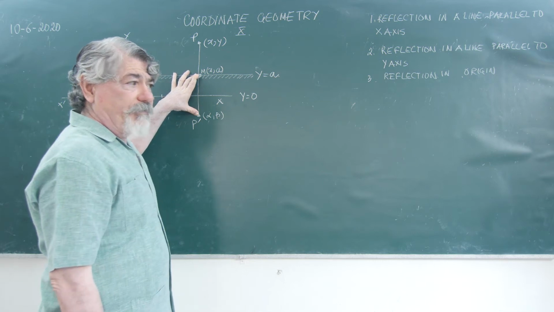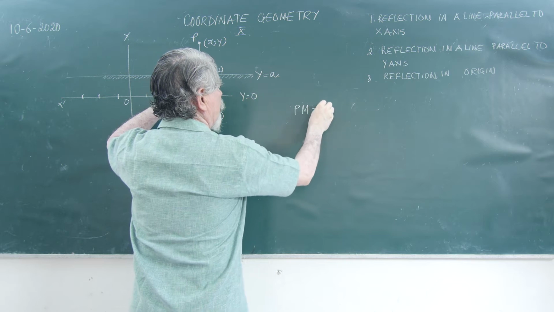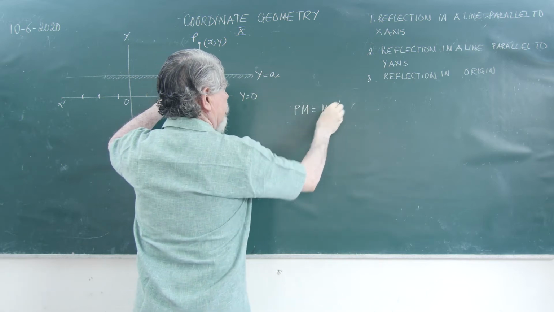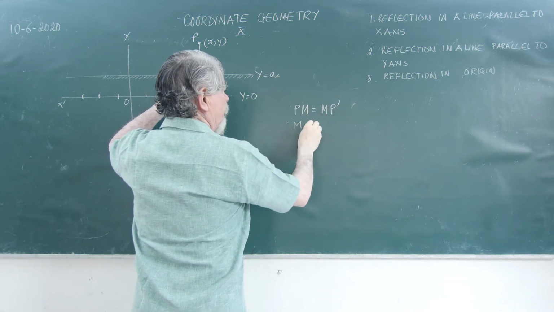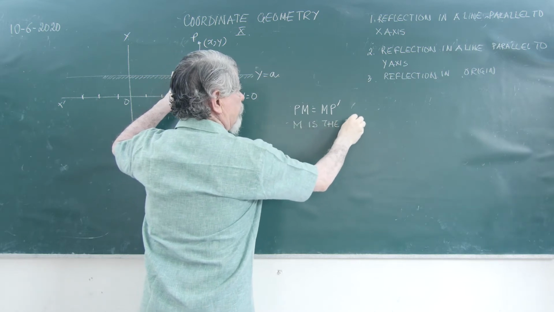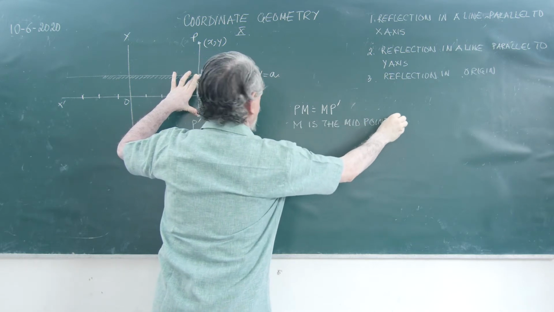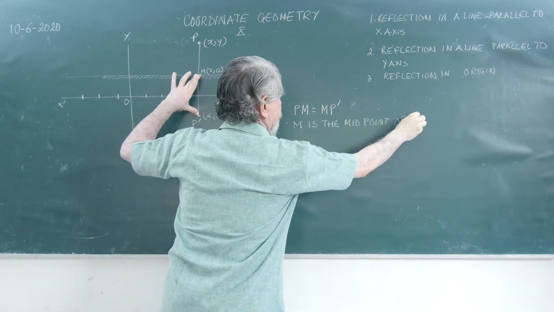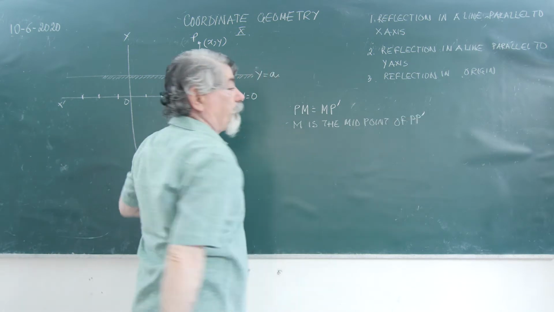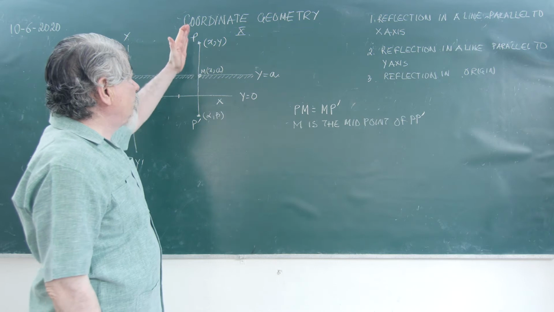According to the law of reflection, PM should be equal to MP'. That means M is the midpoint of PP'.